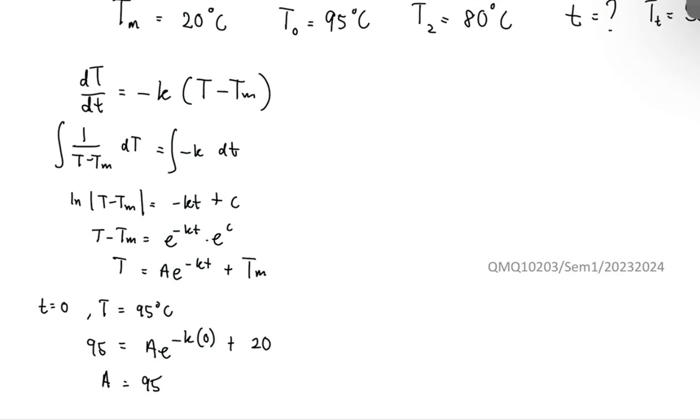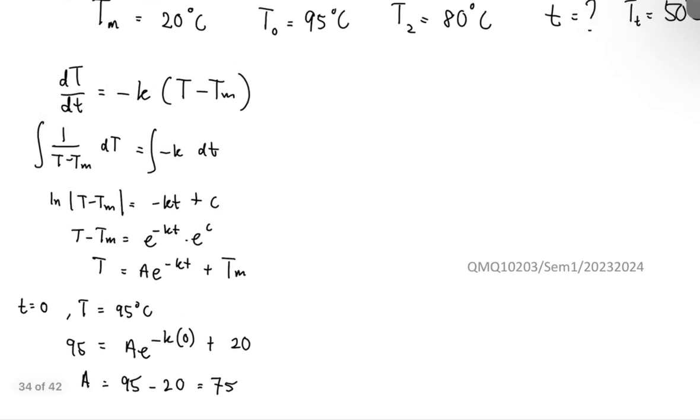So A equals 95 minus 20. So A equals 75. That means T equals 75 exponent minus kt plus 20.